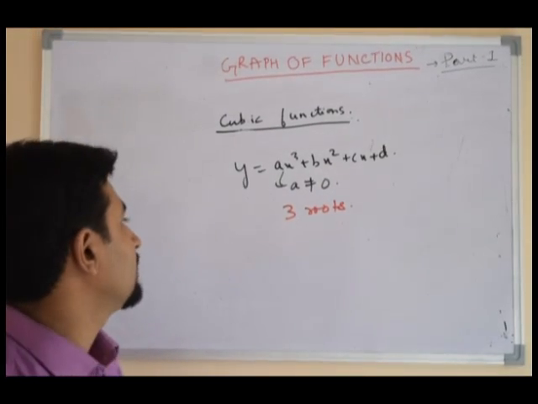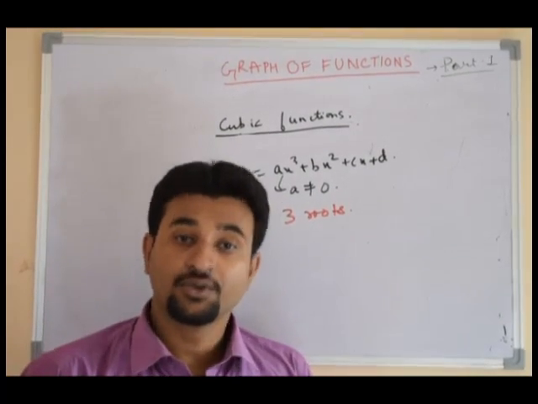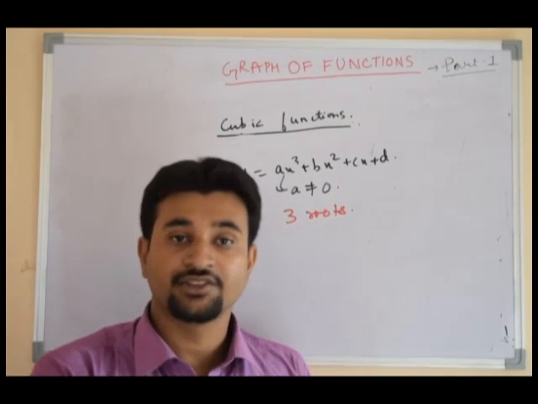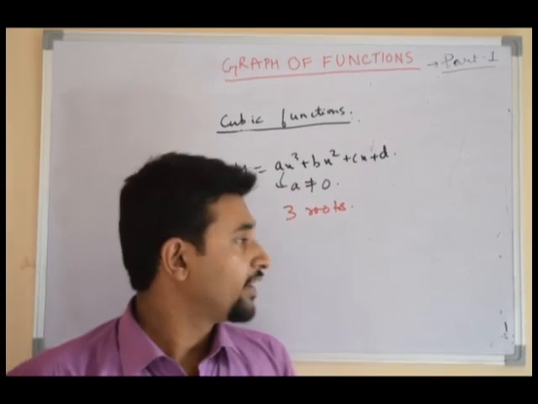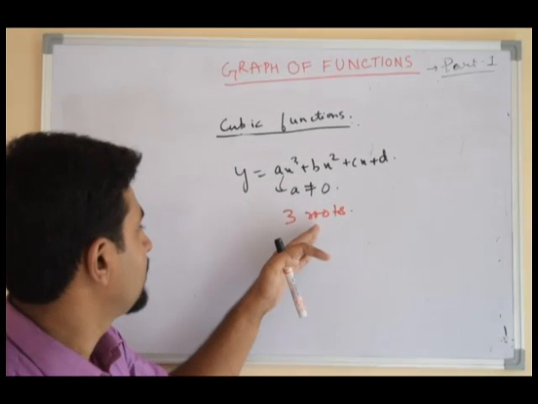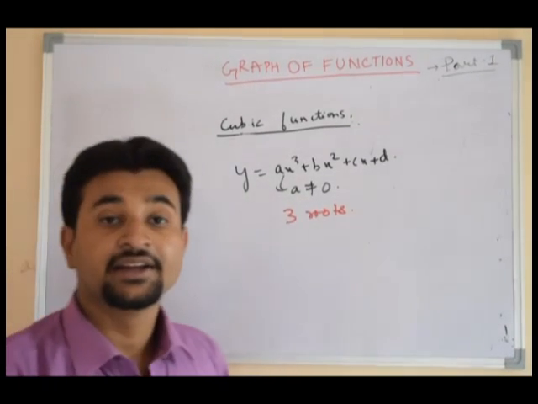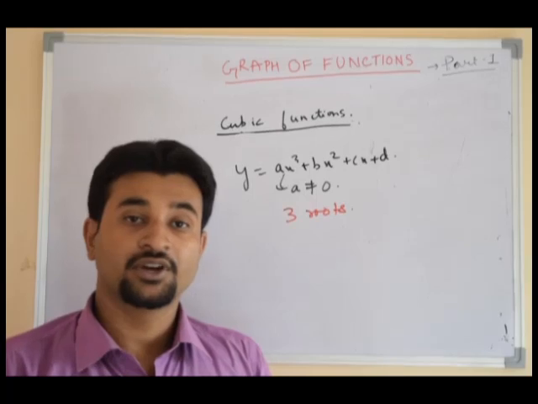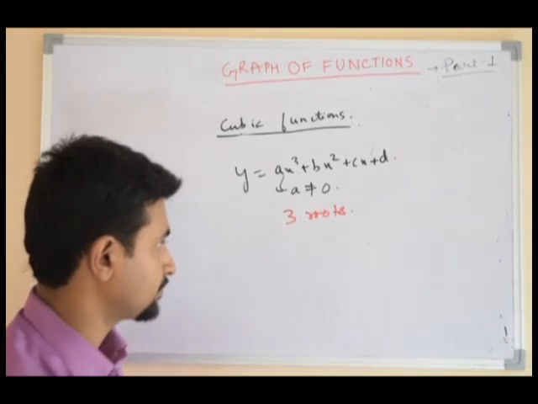Okay, like we studied in quadratic function that roots can be real or can be imaginary also. Okay, so here I would like to remind you something, tell you something about the imaginary roots. Okay, just note it down.